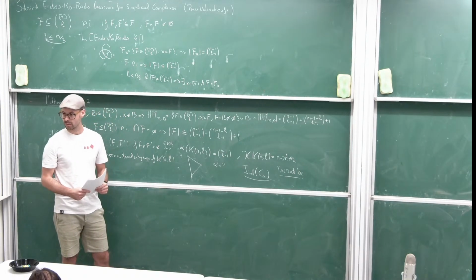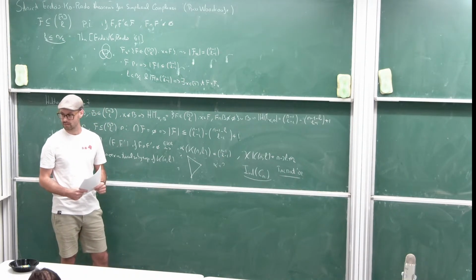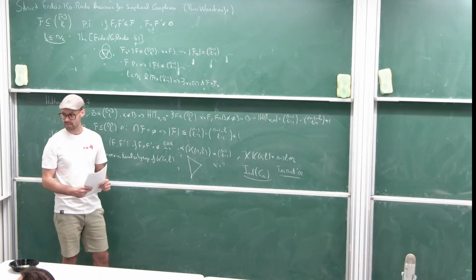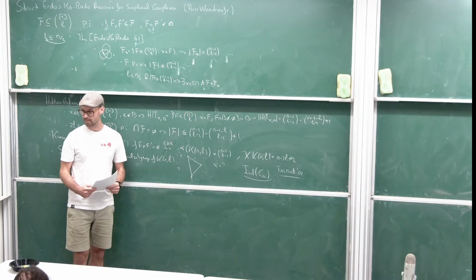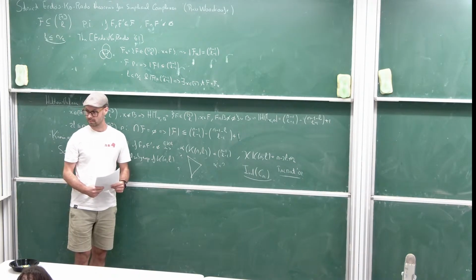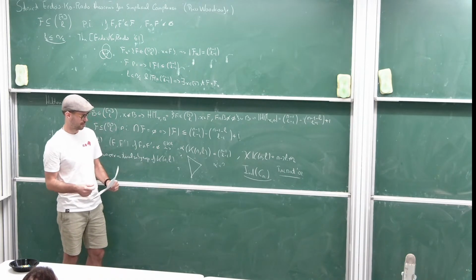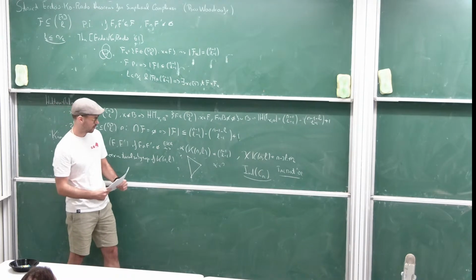Yes. And you look at the independence complex of the n-cycle, at the k-level. And what is the largest pairwise intersecting subset, how large is it? Yeah, I will state it concretely in a second.